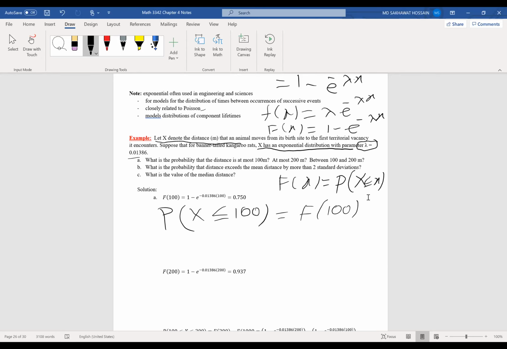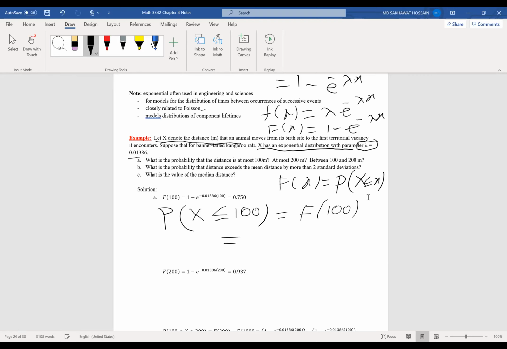You can directly use the CDF function. But if you use the PDF function, then you have to integrate every time. That's why the CDF function is very important to find the probability. You can directly find the probability using the CDF without performing any integration.